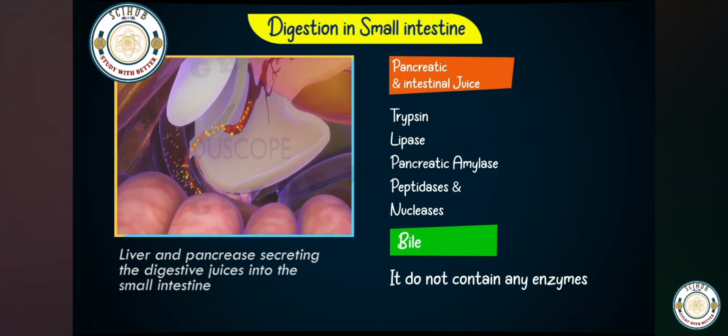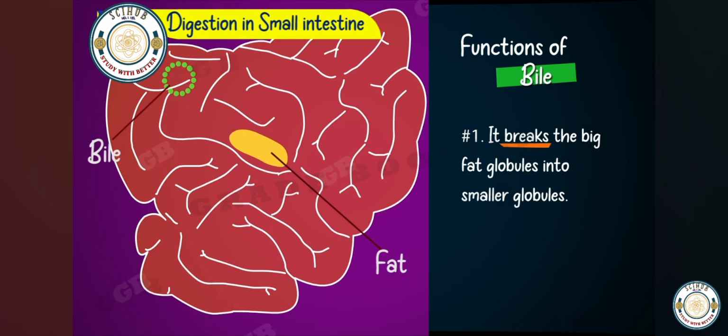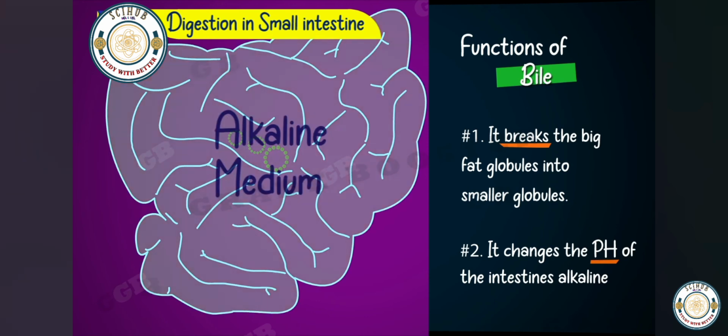Bile does not contain any enzymes, but it does 2 important things. 1. It breaks the fat globules into smaller globules, so that the action of enzymes on fats becomes easy. 2. It changes the pH of the intestines to alkaline because the digestion of fats and carbohydrates takes place in alkaline medium.